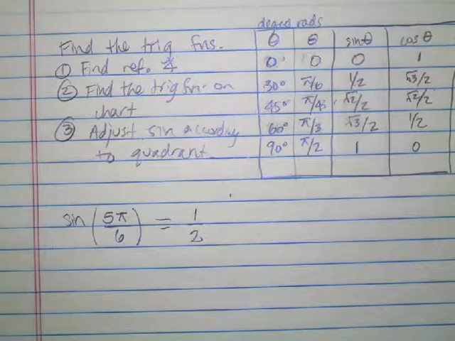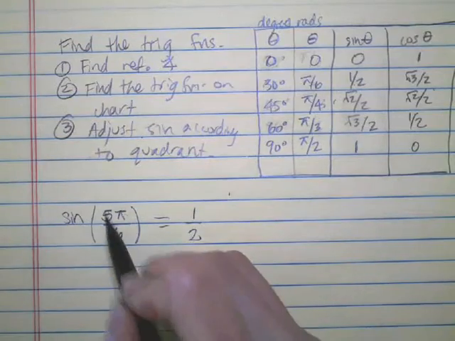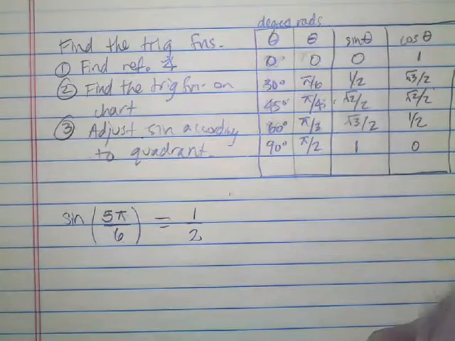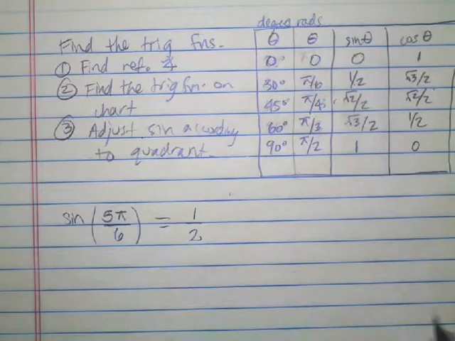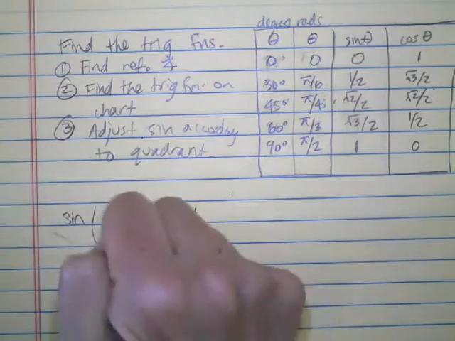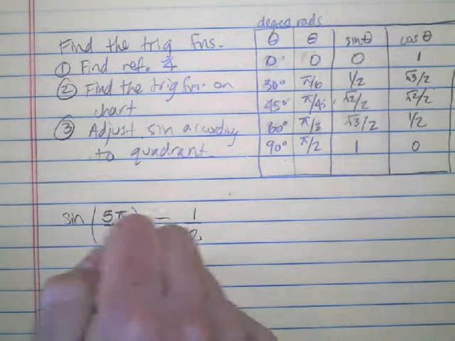Okay, and then, we have to adjust the sign according to the quadrant we're in. So, 5 pi over 6 is in which quadrant? The second quadrant. Good. I'll remind you guys how to find that.